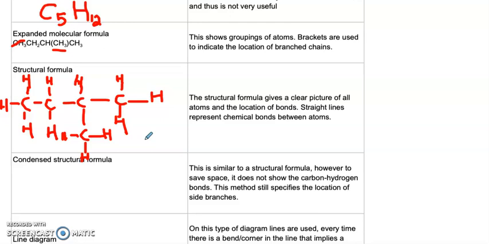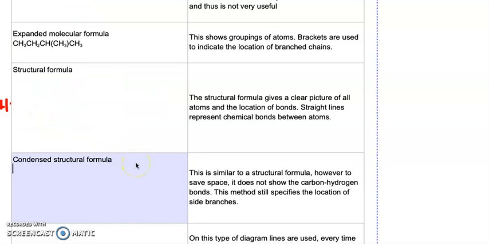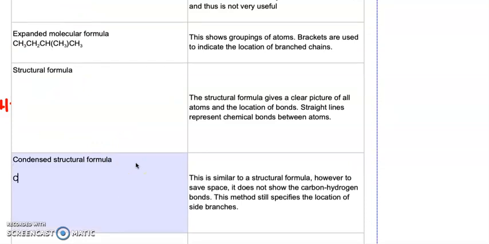So that takes us to a condensed structural formula. The difference in the condensed structural formula is just that we're not going to show all the H's sticking off like we just did. Instead, they're going to just be written next to it. So how this is going to look is I'm going to have my CH3.